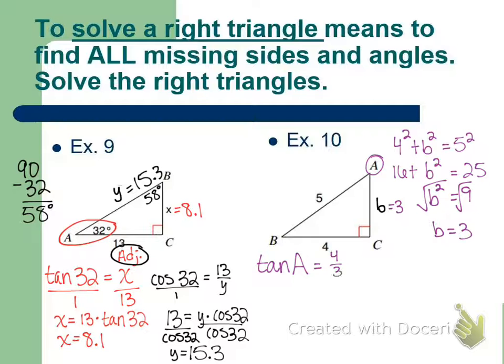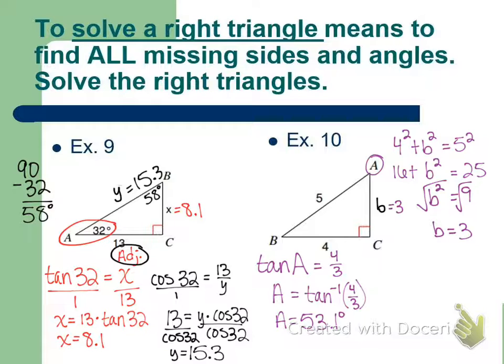Opposite over adjacent would be 4 over 3. Because we are looking for an angle measure, we need to use inverse. So A is equal to inverse tangent of 4 over 3. Our calculator says A is 53.1 degrees.